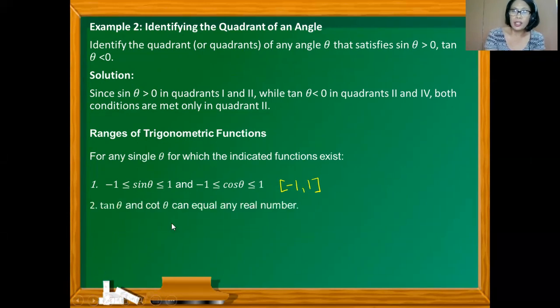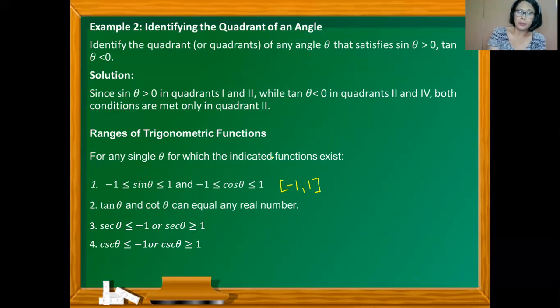Tangent and cotangent theta can be equal to any real number. And then secant theta is less than or equal to negative 1, or secant theta is greater than or equal to 1. So this is like using the interval notation.